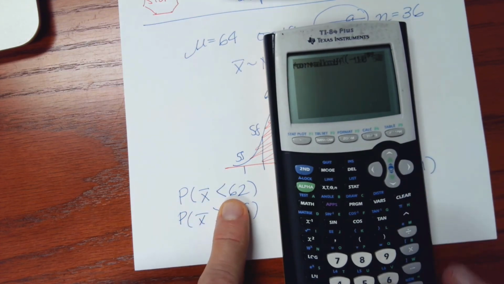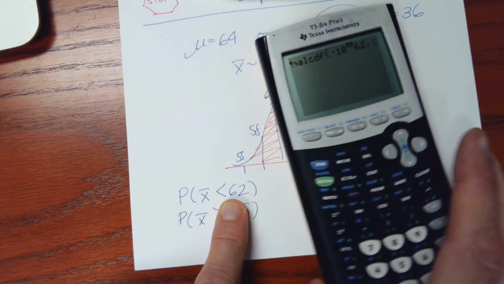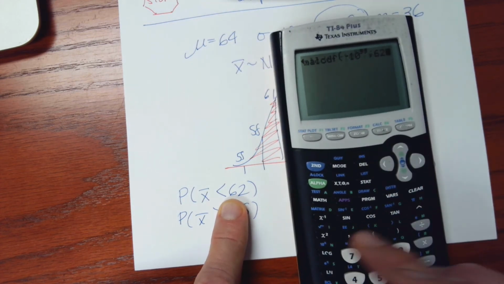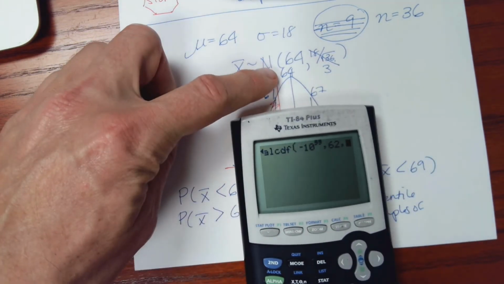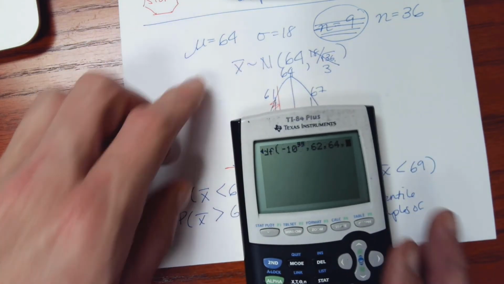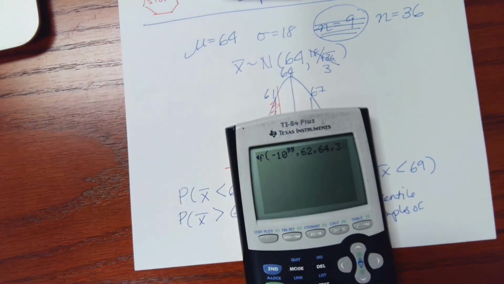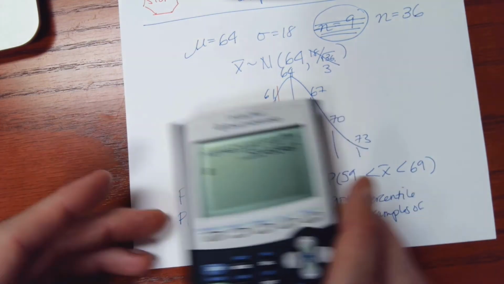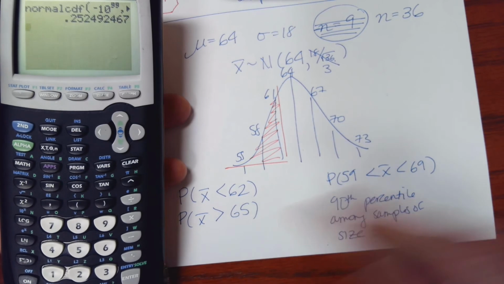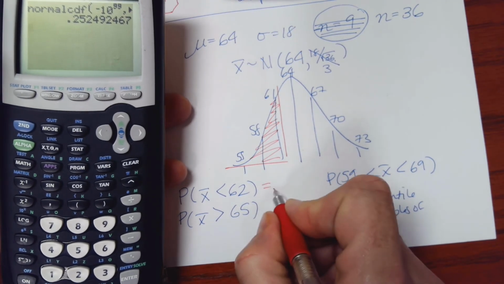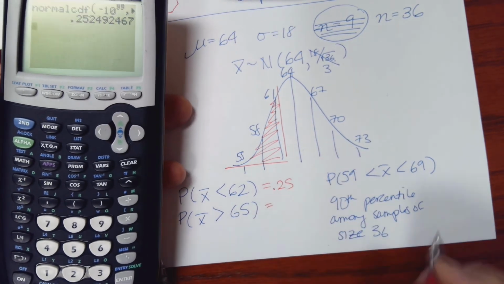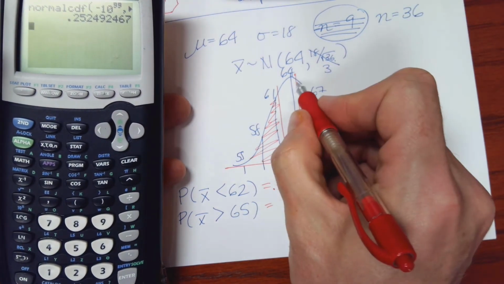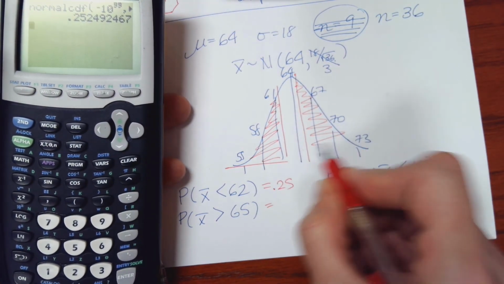The upper bound is going to be 62, comma. The center is 64, and the standard deviation here is 3. That's the standard deviation in the sampling distribution. So that is about 0.25.